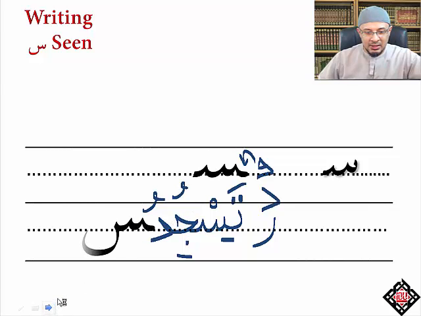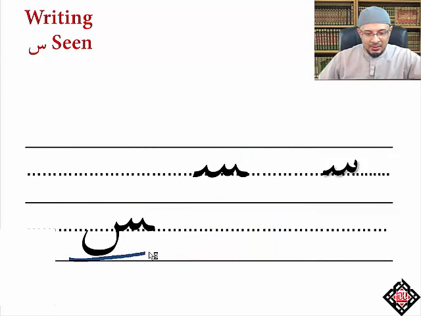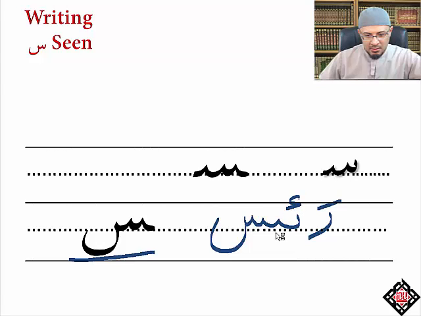Let's go forward. And the last part, of course, is if the sin is in its full form. So here we see the sin in its full form at the end of a word. For example, we have the word here: ra, hamza, ya, but the most important is that the last letter of this word is sin, ra'is.